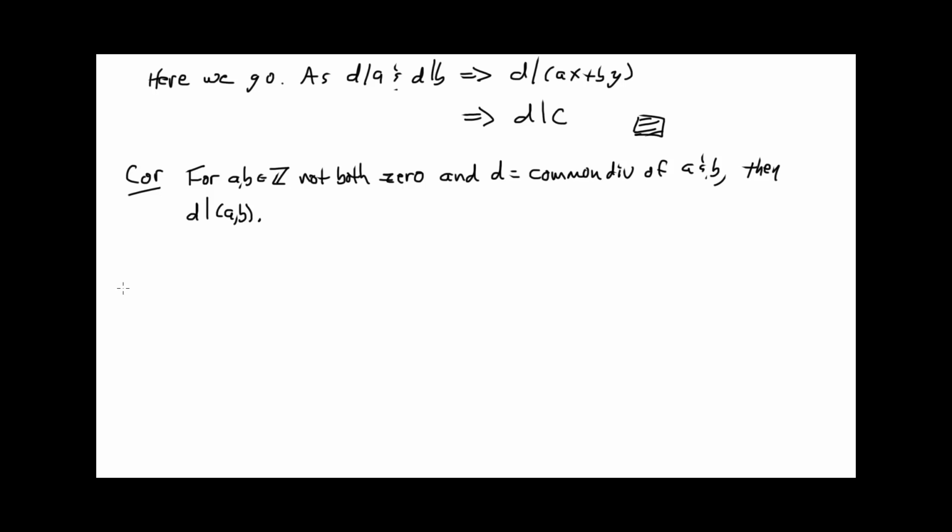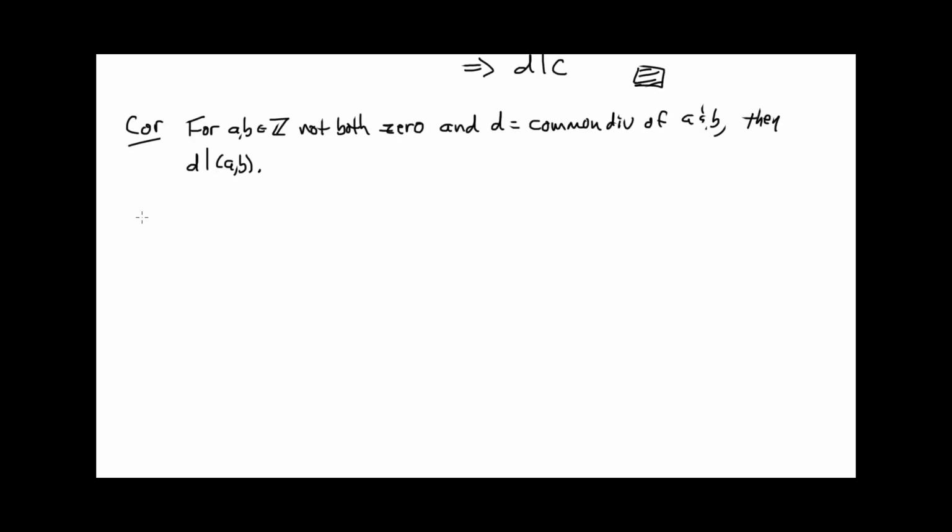In turn, this allows us to, as a corollary, give an alternate definition for the greatest common divisor, and this is actually the definition that we use when we start generalizing things to different types of algebraic systems later. So again, A and B integers, not both 0, then an integer C is the greatest common divisor if and only if two properties.